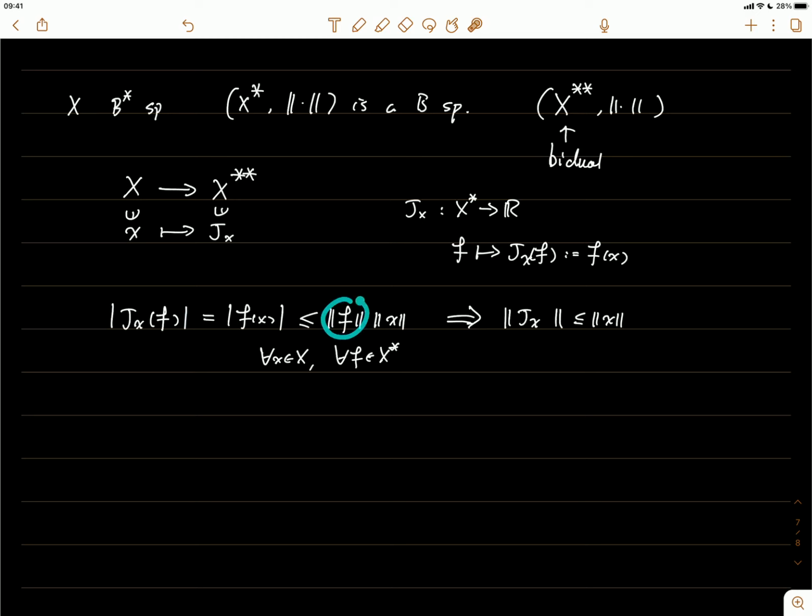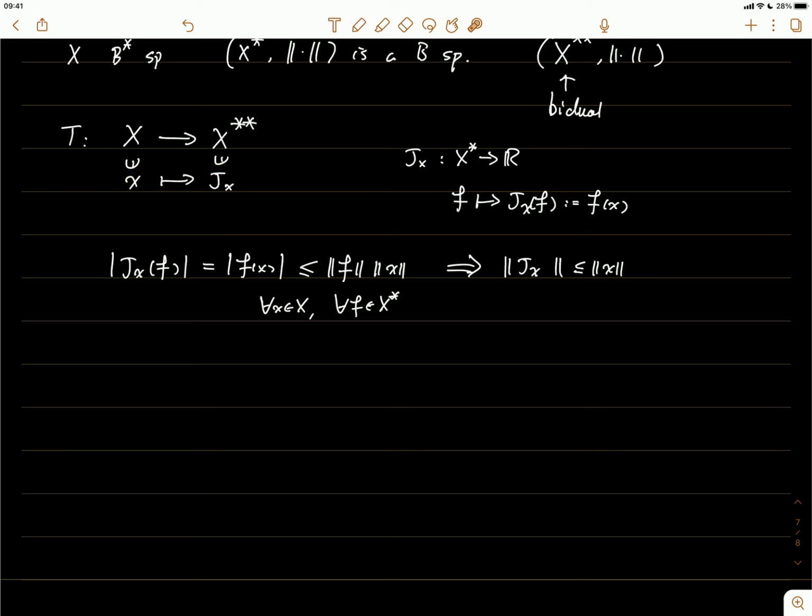Now this gives us a very simple mapping from X to X double star, and we call it T. T just maps x to this Jx, and this T is called the canonical mapping.